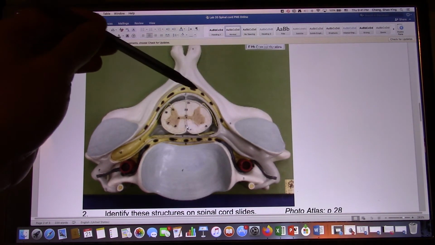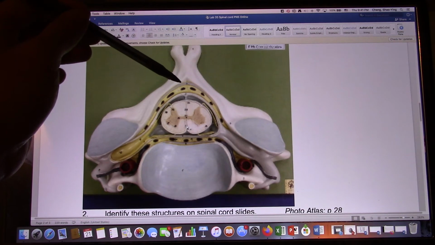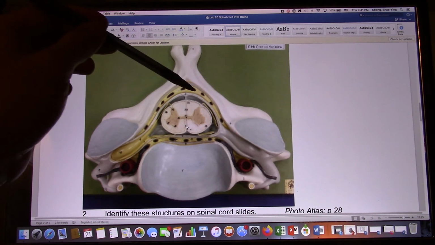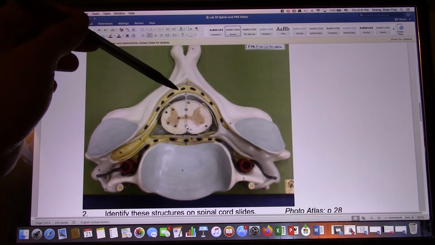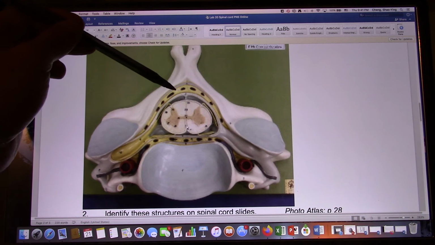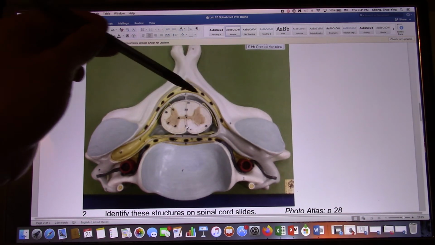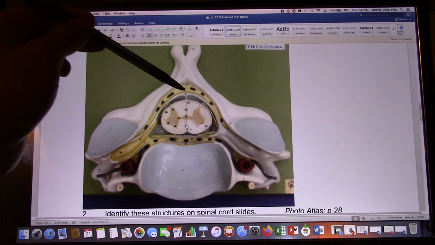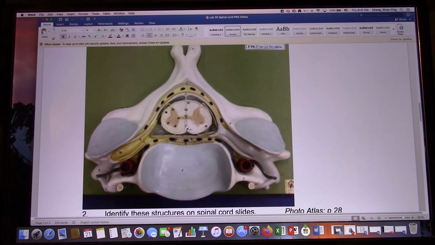That's pretty normal in the spinal cord; connective tissue fills the space. This area with fat is the epidural space. When we talk about epidural anesthesia, we put a needle here and put the local anesthesia around here. So this is the epidural space, covered by fat. The other structures are pretty obvious.